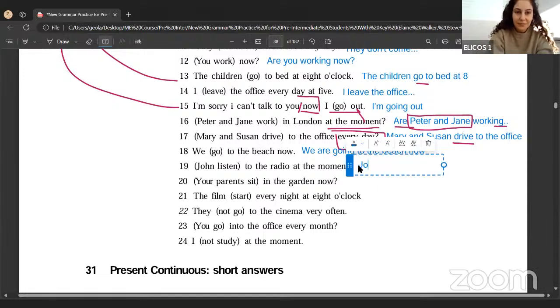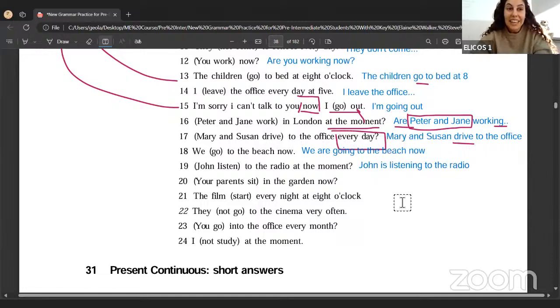19. John listening to the radio at the moment. Yeah, you forgot to say is. Don't forget in the continuous, not just do we put the ing, but we need to use the verb to be. So John is listening to the radio at the moment. 20?